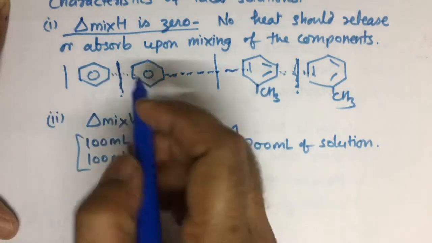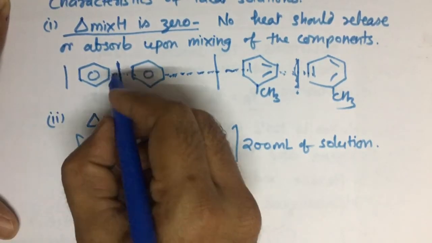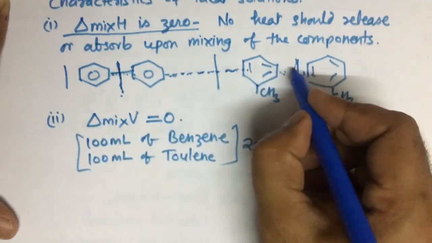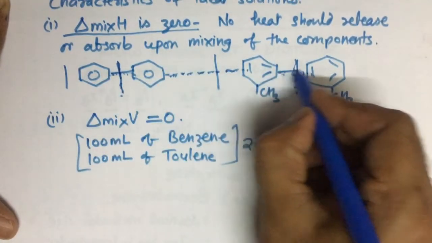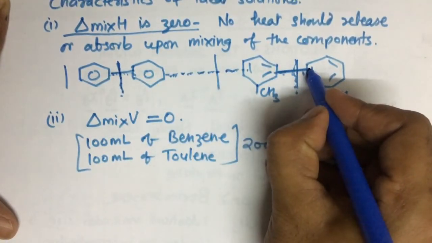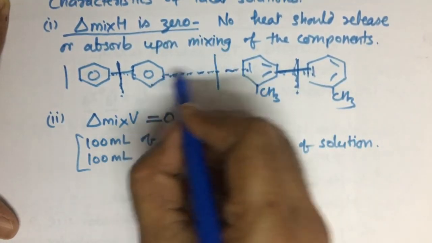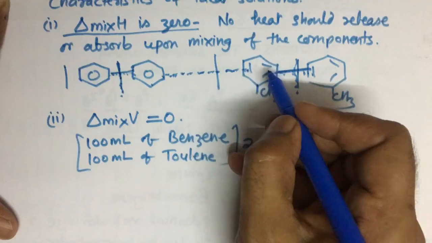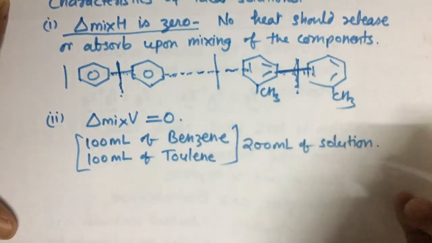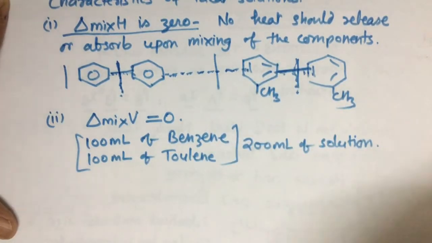Because the interparticle distance between two benzene molecules in the pure sample, interparticle distance between two toluene molecules in its pure sample, and the molecular distance between a benzene and toluene in the solution will be same. So the volume change upon mixing will be 0.